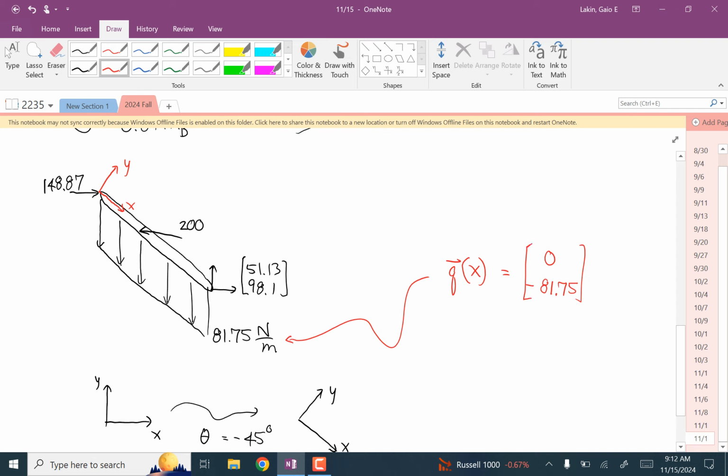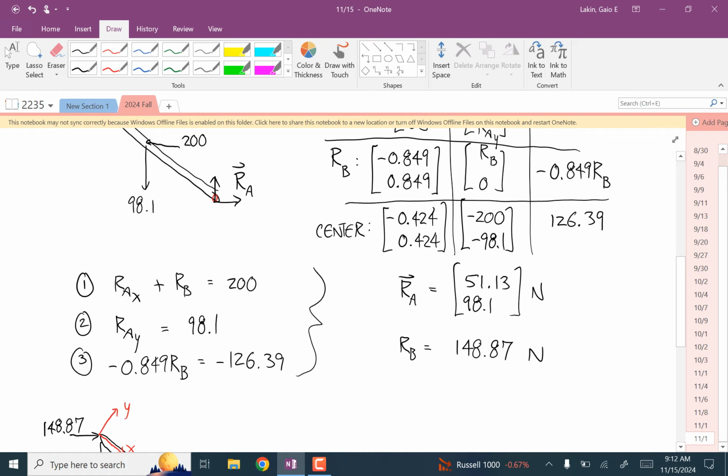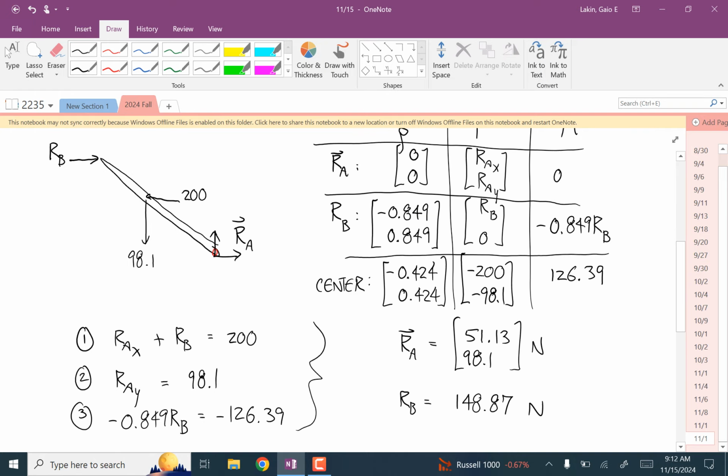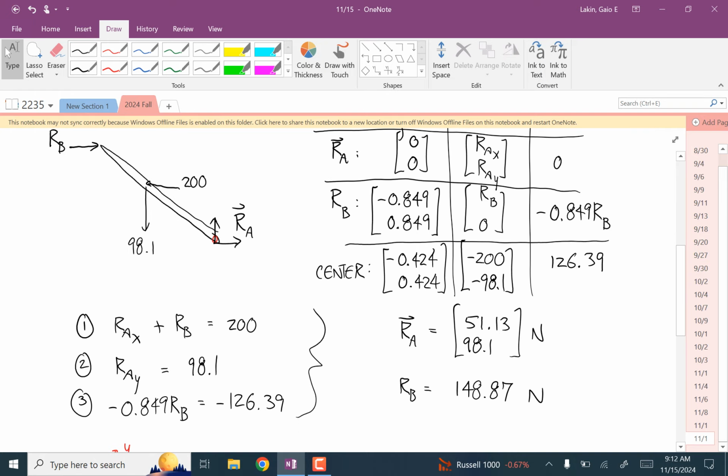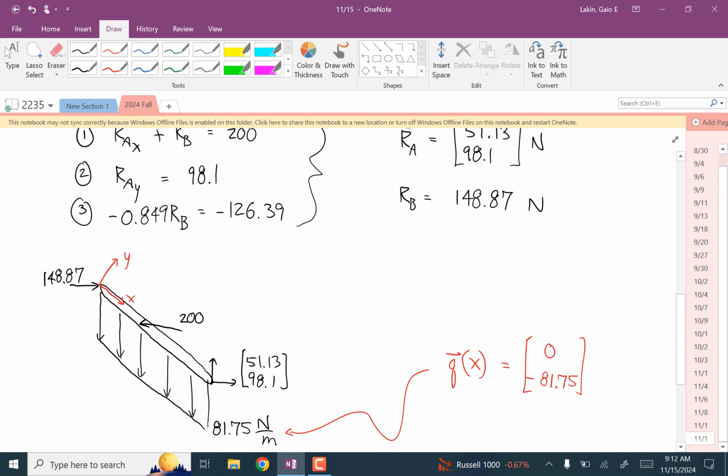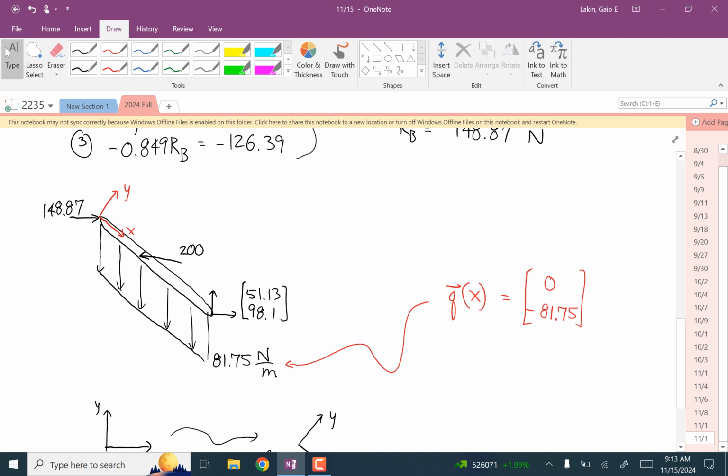Is it going to change your numbers at all if you picked the force on the ground to rotate it? If you had chosen RA as the center and rotated it counterclockwise? Yes, it will change the matrix.